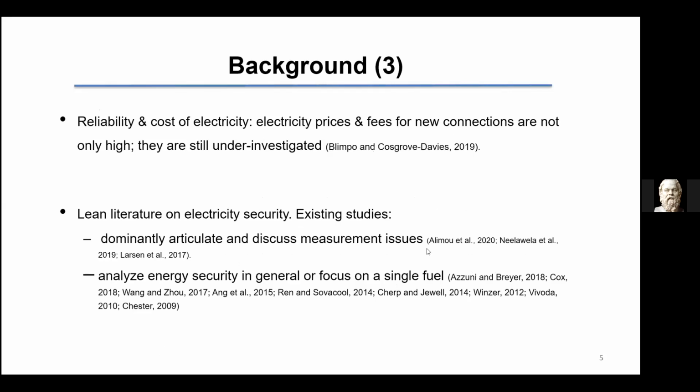Is that correct? You said these are not only high, they are still under investigated. And you are citing 2019 when we have recent literature in 2021, 2022.